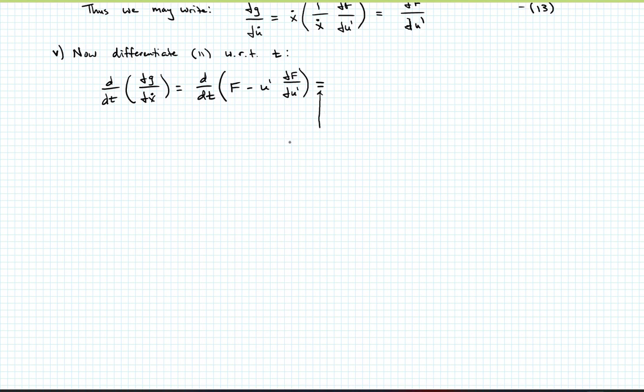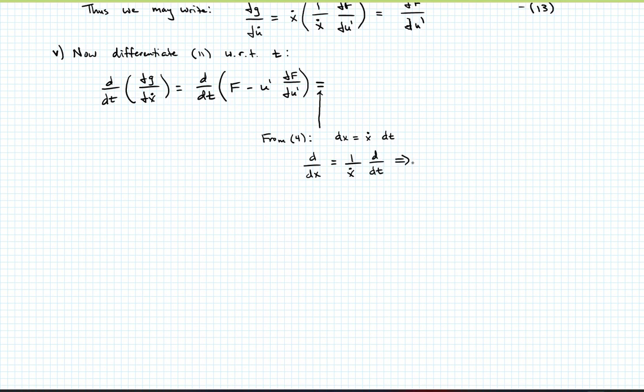Okay, so what happens at this equal sign? So remember from equation 4, we had that dx was equal to x dot dt, right? Which means that d by dx is equal to 1 over x dot d by dt, right?